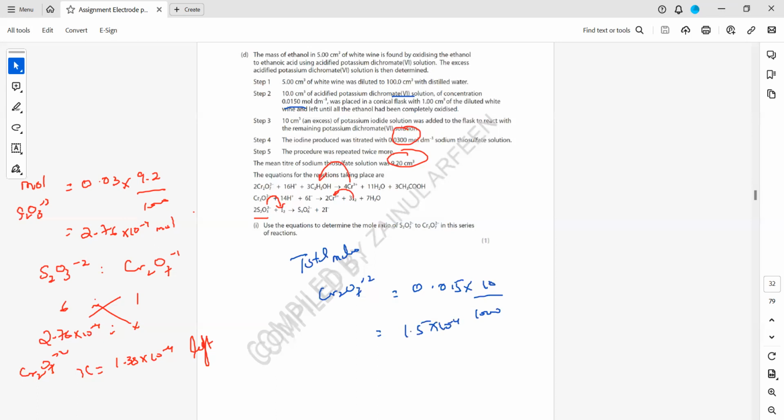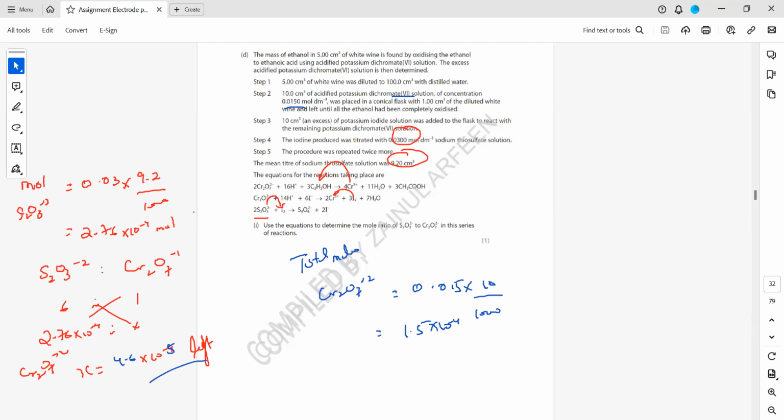Then how many reacted? When you solve 1.5 × 10⁻⁴ divided by 6 stage, the moles left come to 4.6 × 10⁻⁵ moles.